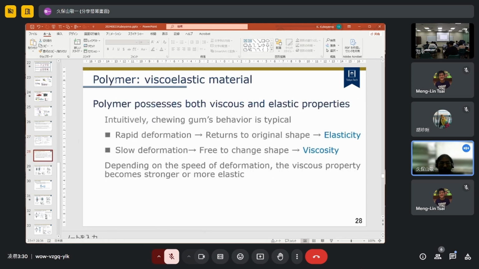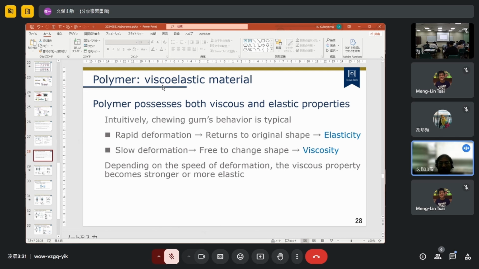And in the case of polymers, polymers have viscoelastic properties. Viscoelastic means it has both the properties of elasticity and viscosity.